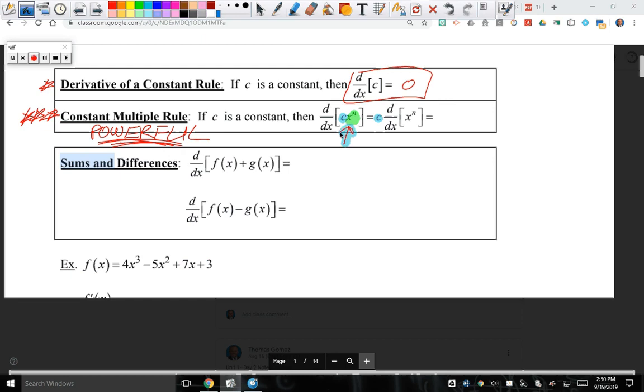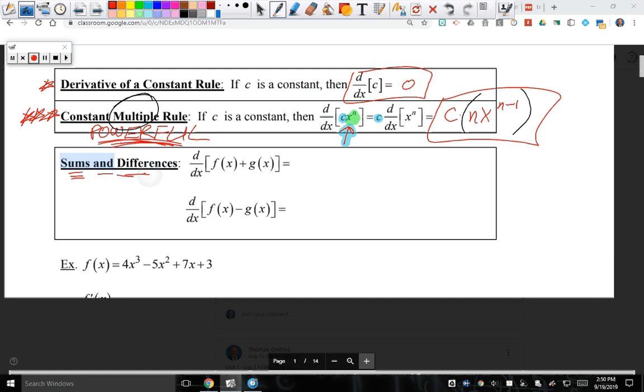Go with me? And x to the power of n would be n times x to the n minus 1. And guess what we're going to do at the very end with that c? We're going to multiply it back in. So it's almost like it's not part of that derivative process. Just the things that are with the variable are part of the derivative process, and then you multiply that constant back in. Cool? All right.